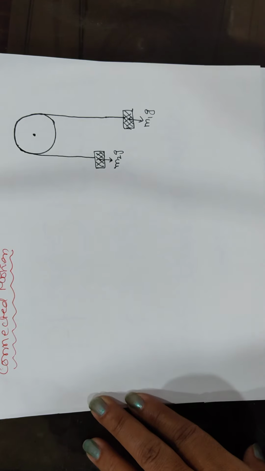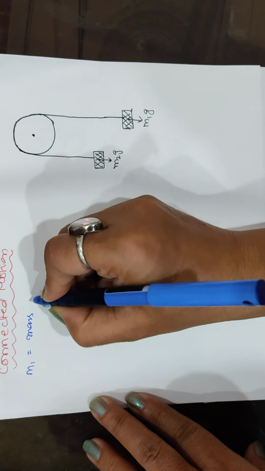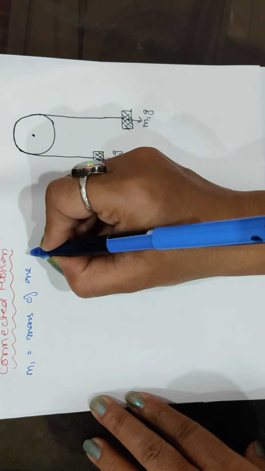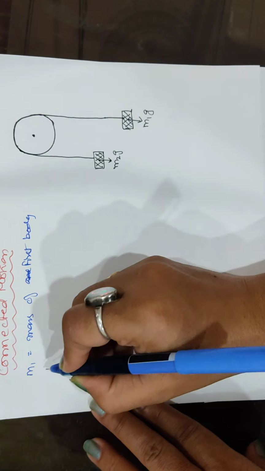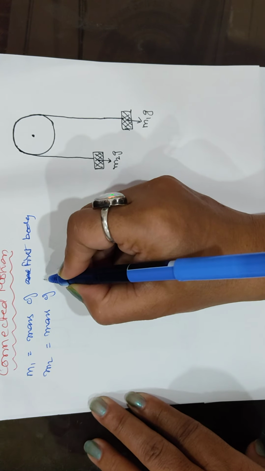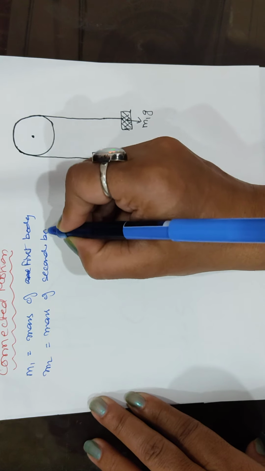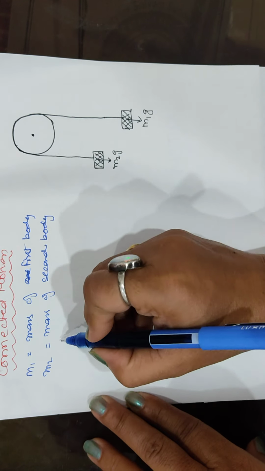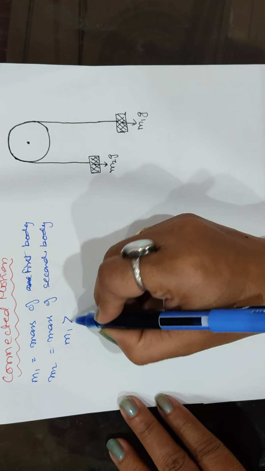But since m1 is the mass of one body, or first body, and m2 is the mass of second body, here the condition is that the mass of m1 is greater than m2.